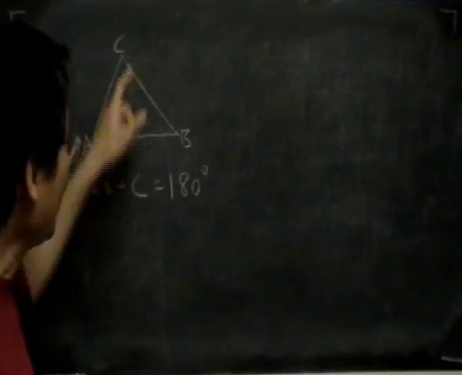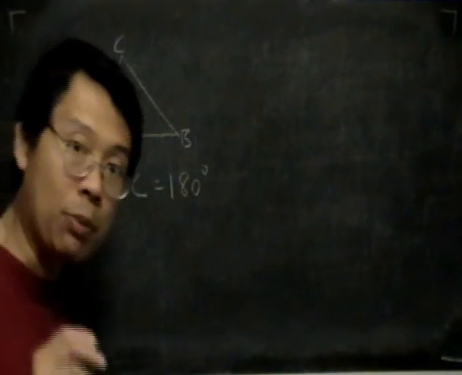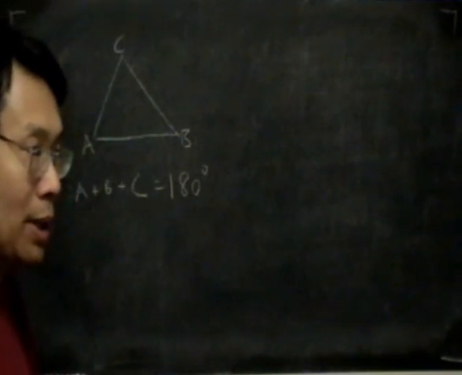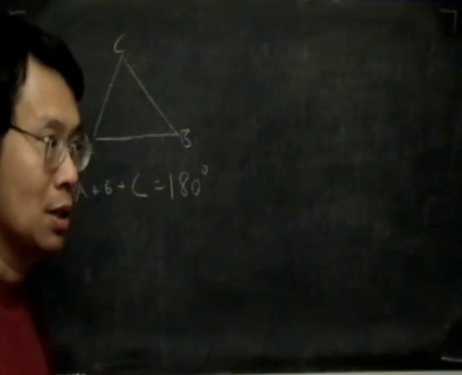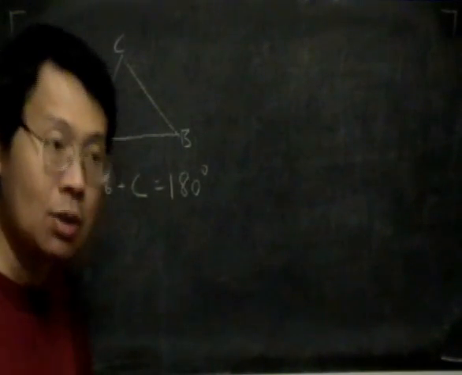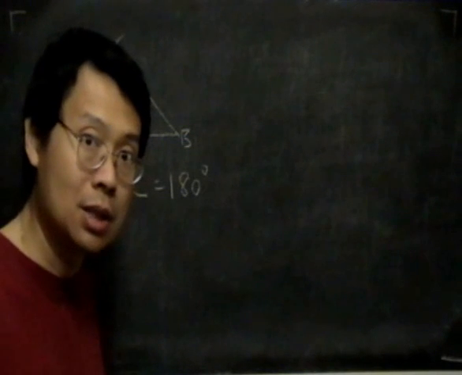So no matter what the shape of the triangle is, no matter how big it is, no matter what type of triangle it is, the three angles must always add to 180 degrees.